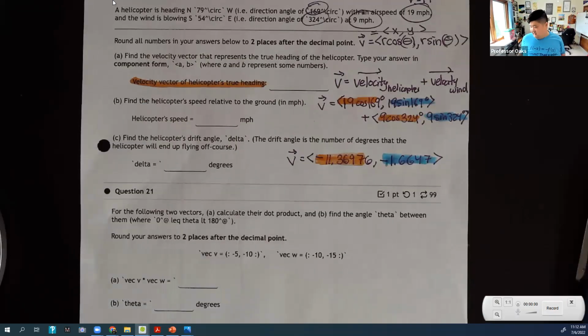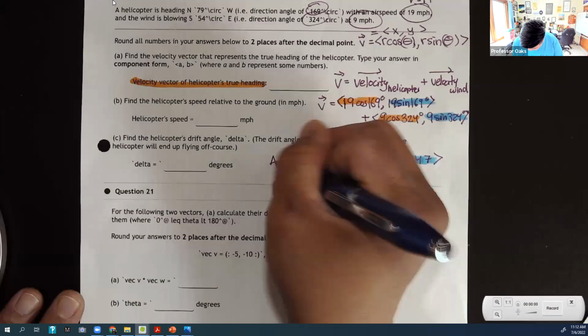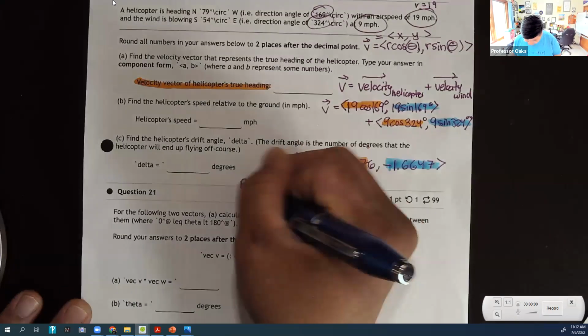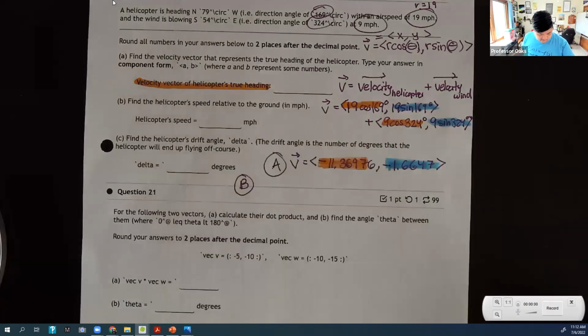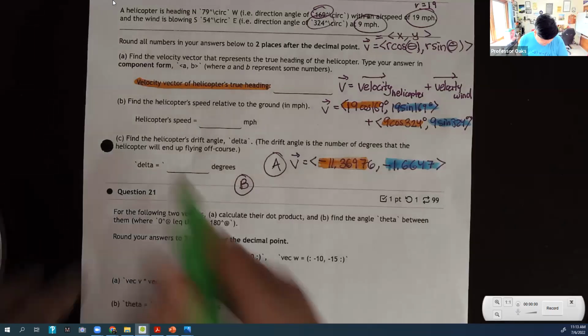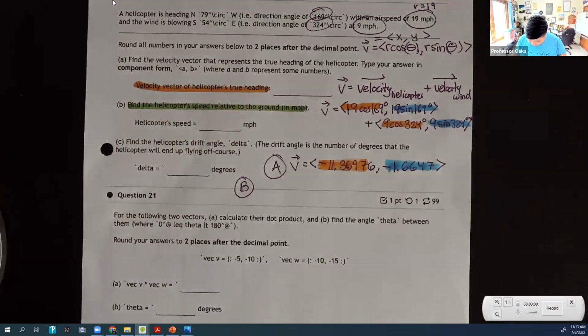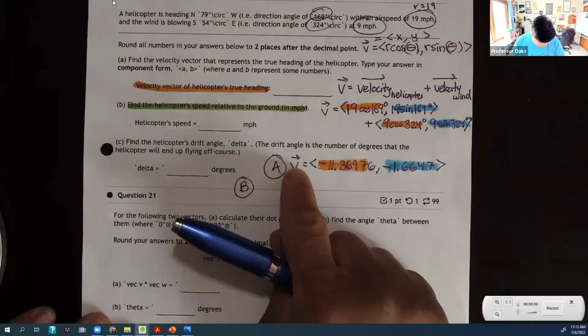Okay, so I don't think it's that difficult because the information is given to you. But if you want part B, the actual speed is going to be just the magnitude of that vector right here.